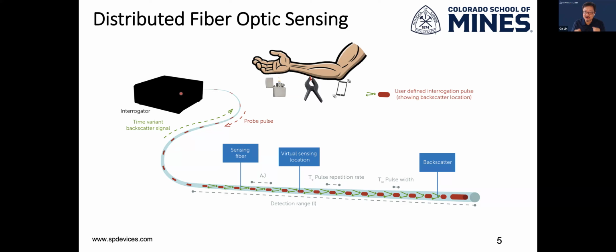And because the speed of light is very fast, every second we can send 10,000 pulses into the fiber without having them interfere with each other. From the backscatter along the fiber, we're able to measure vibration, strain, and temperature everywhere, anytime along this fiber.